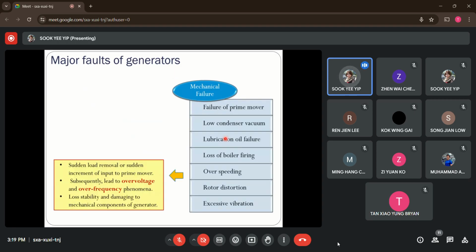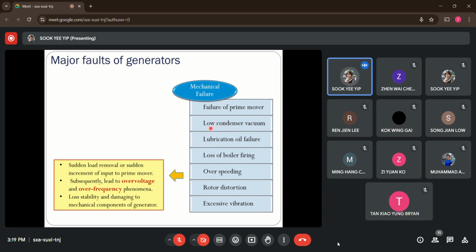All right, whenever you see mechanical failure, it is linked to rotation that is not smooth or no rotation. Under such situations, we could have the issue coming from the prime mover. The prime mover might not be working, so there is no rotation, or probably we have a problem with the steam supply.